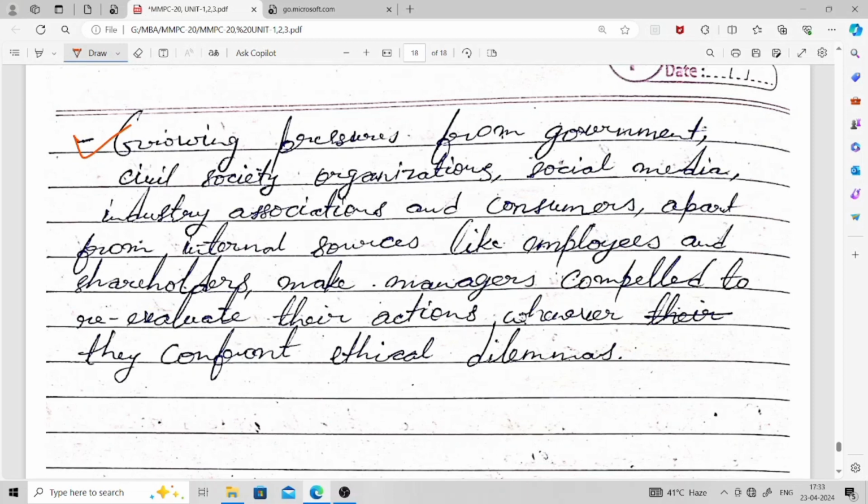It means whenever managers confront ethical dilemmas, they need to consider the pressures from government, civil society organizations, social media, industry associations and consumers.